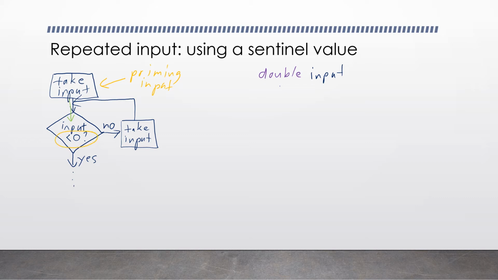This less than 0 here, that is called our sentinel value. So we might here see out enter grades or -1 to end. Okay.